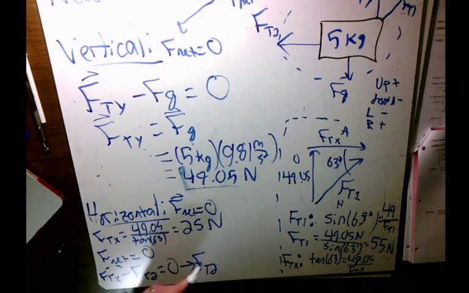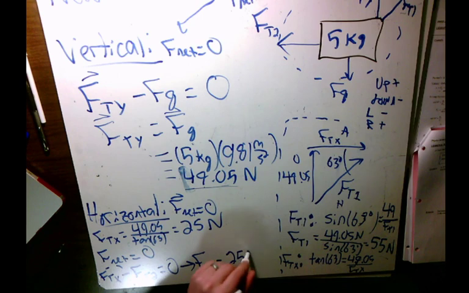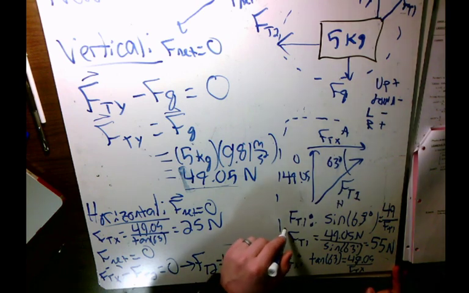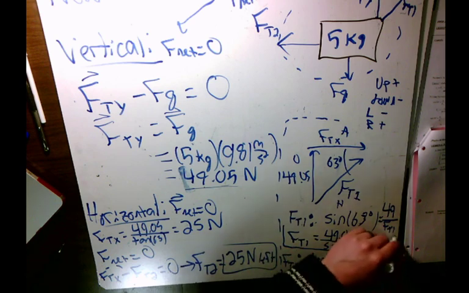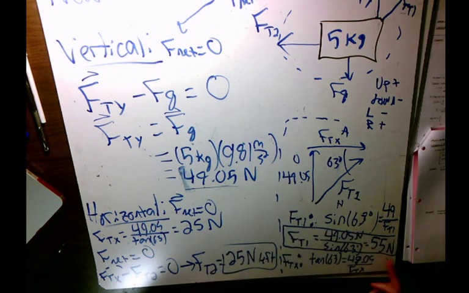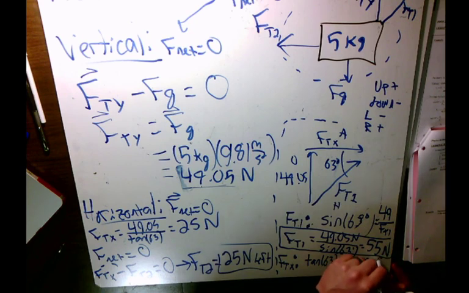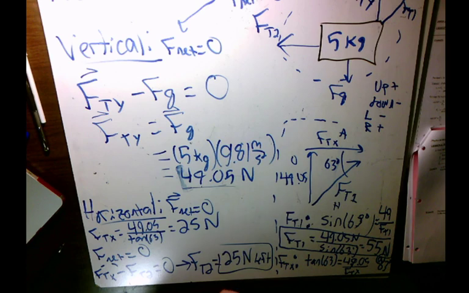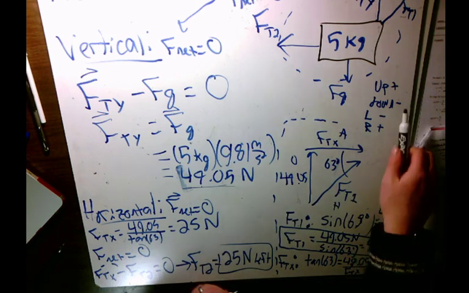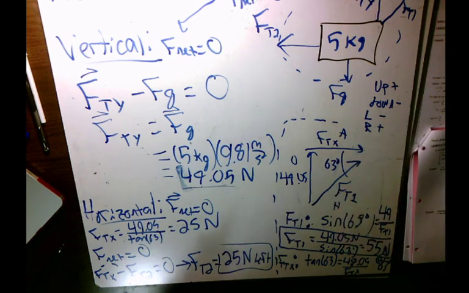So the force of tension in our second rope is equal to 25 newtons, and that's left. So force of tension in rope 2 is 25 newtons left. Force of tension in rope 1 is 55 newtons, and that will be at our angle at 63 degrees below the surface, or you could do northeast, southwest.